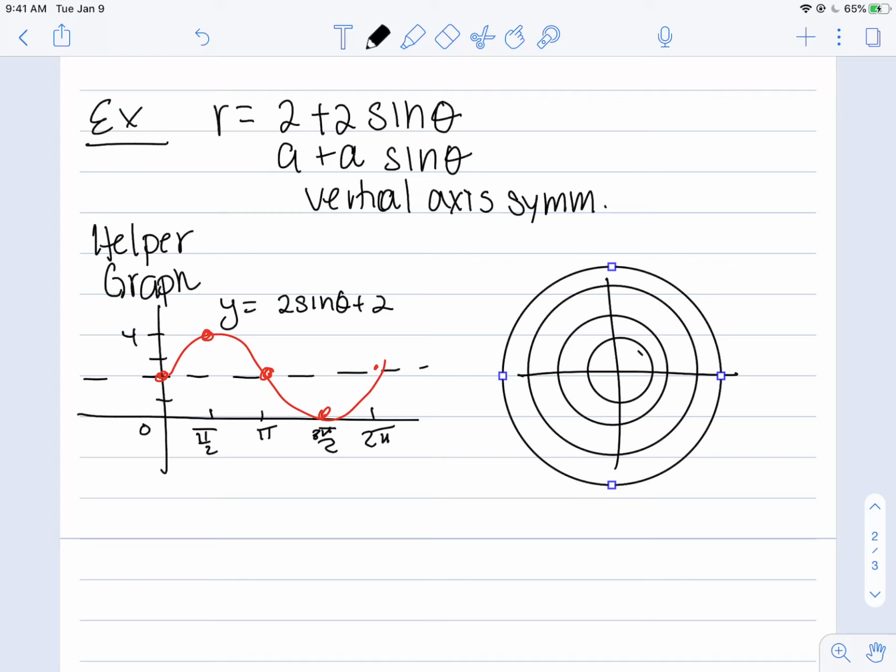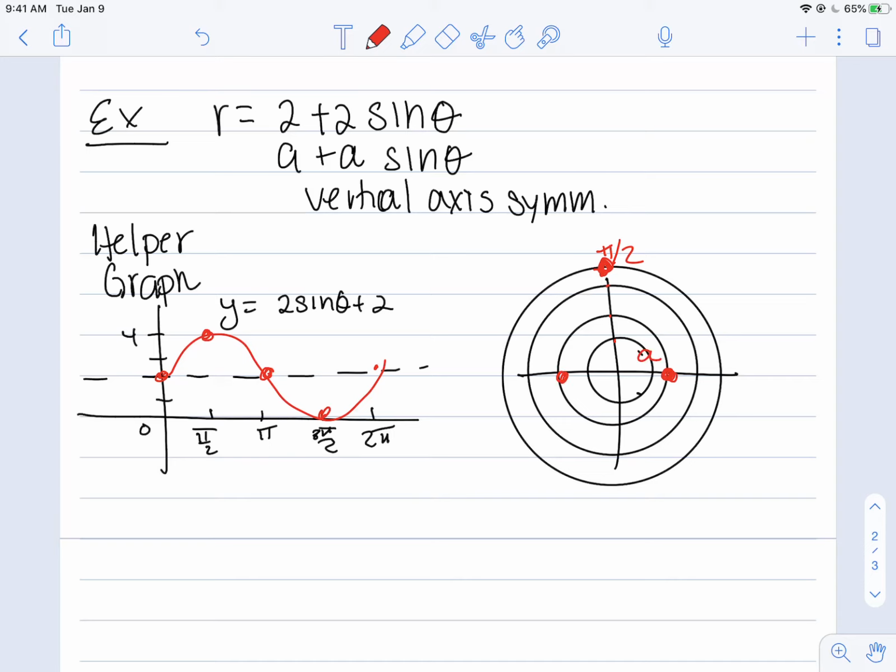Pretend that these are all evenly spaced. So at 0 radians, I am at the second ring. Then at pi over 2, I'm at the fourth ring. Then at pi, I'm back at 2.